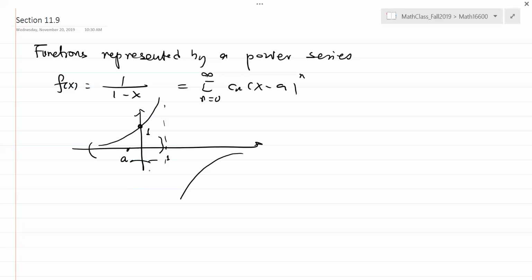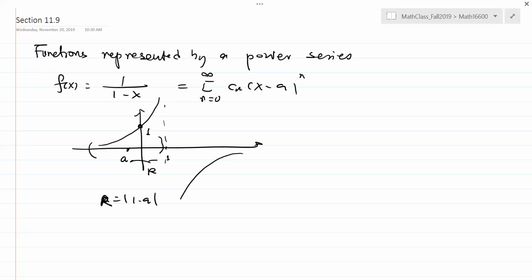So this is the radius R. Over that interval, you can always express it as a power series, and you can tell what R is here. R is going to be the absolute value of 1 minus a.